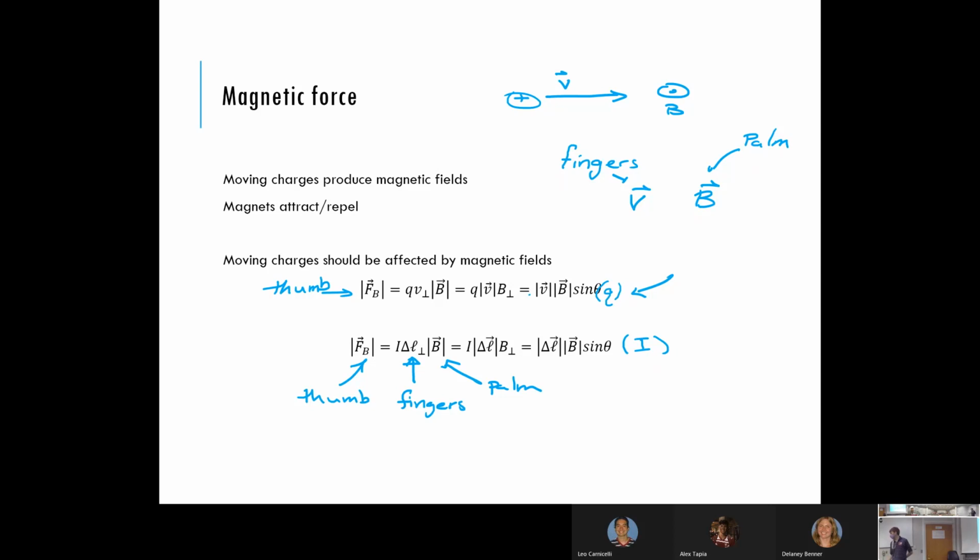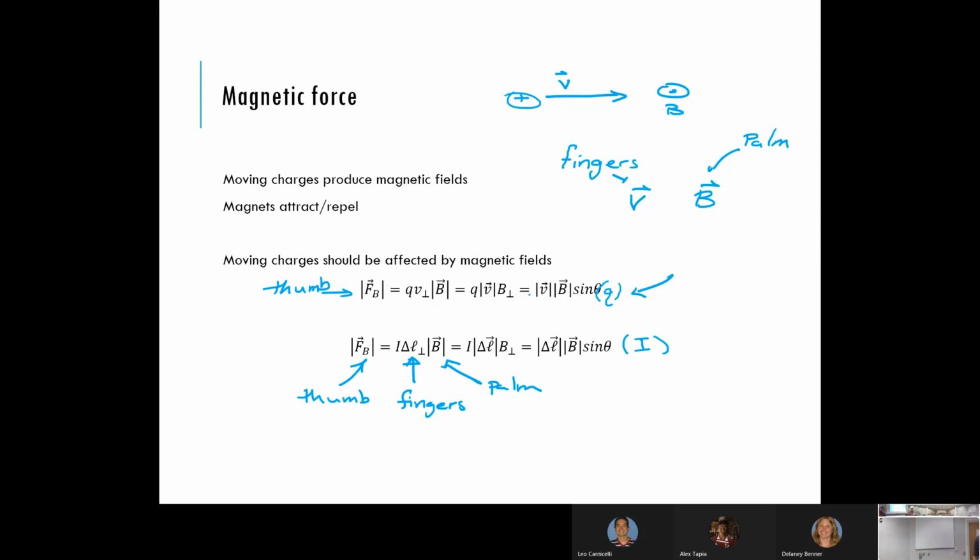Incidentally, if you're asked to find the force on a current carrying wire, it might ask you for the force per unit length. So when you're reading a problem, make sure whether it is asking you for the force or for a force per unit length. It might not specify how long the wire is, but it might ask for a force per unit length instead of a force.